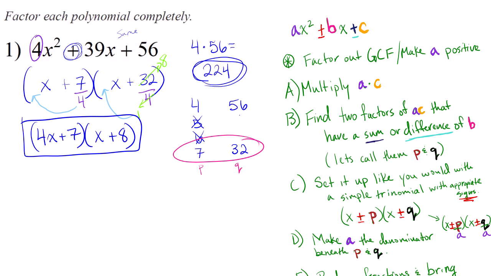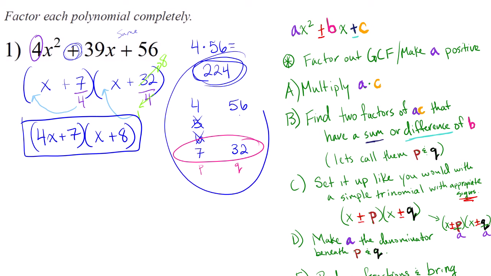Trial and error works sometimes, especially with smaller numbers, and you're welcome to use that if the numbers are smaller. But I definitely recommend a systematic way when you have bigger numbers like 56, okay? Because with trial and error, there's a lot of ways you can do it. To get 4, you can multiply 2 times 2, 4 times 1, 1 times 4, right? To get 56, there's a lot of different factor pairs, and so this is a good way to do it.